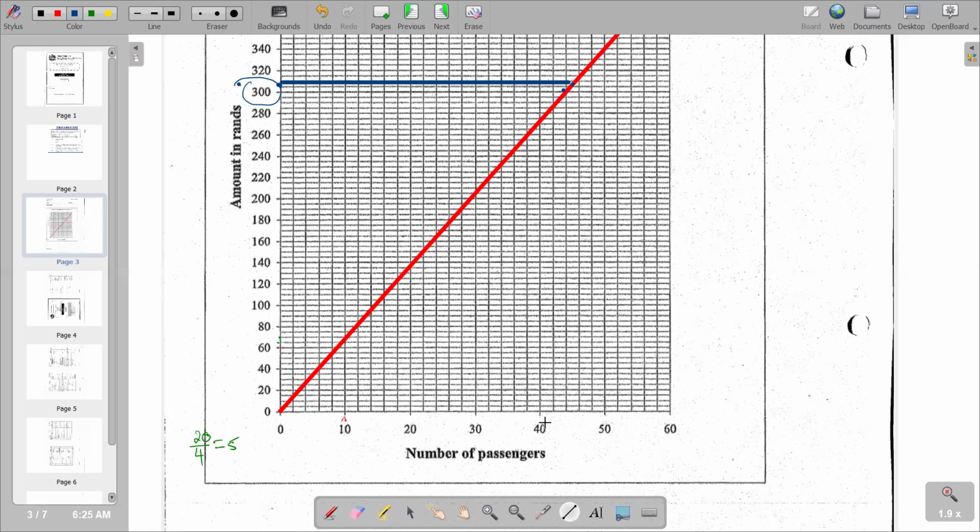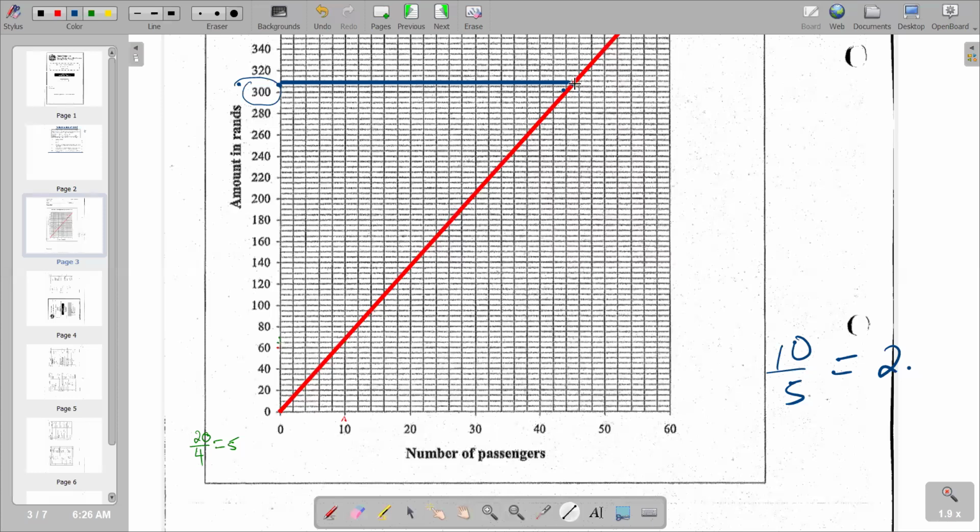So if you go straight there, we see that we have got 40, and between 40 and 50 we have got how many points? We have got 1, 2, 3, 4, 5 points. 5 points representing 50 minus 40, which is 10. So it means each point is representing 2. So if you go down straight from the point we identified here, you see that it's leading us to this point, which is now 40 and each one representing 2.